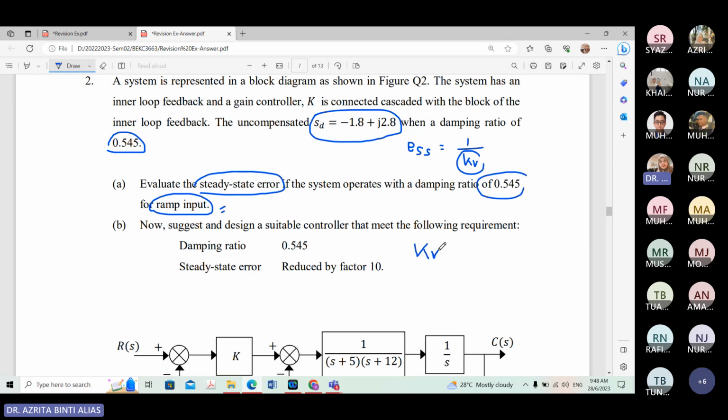The formula to find Kv is Kv equal to the limit as s goes to zero of s K(s) G(s). Okay, so this is the formula to evaluate Kv.